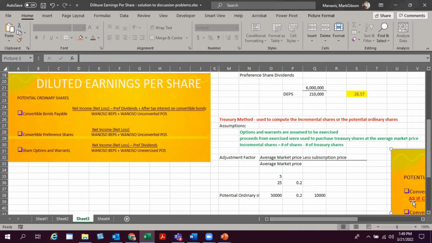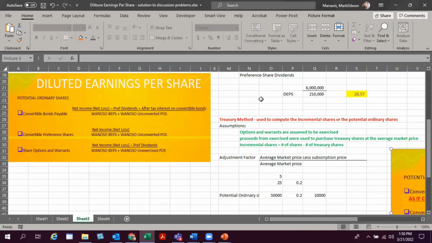Number 2, proceeds from the exercise are used to purchase treasury shares at the average market price. And number 3, the incremental shares equal the number of shares less the number of treasury shares. Treasury shares are our company's own shares that we reacquired with the intention of reissuing them in the future.